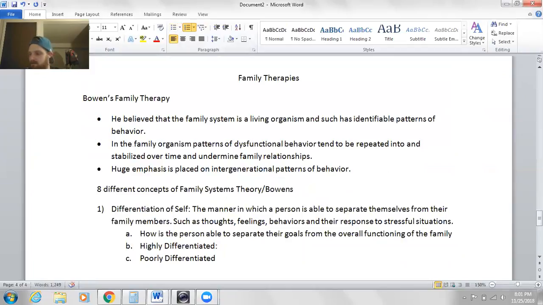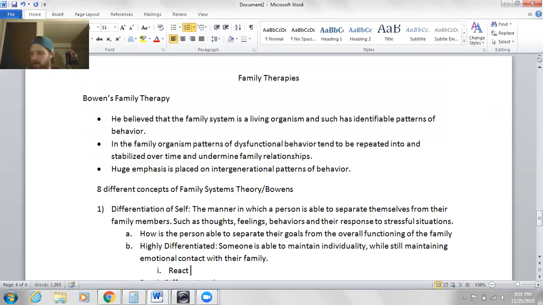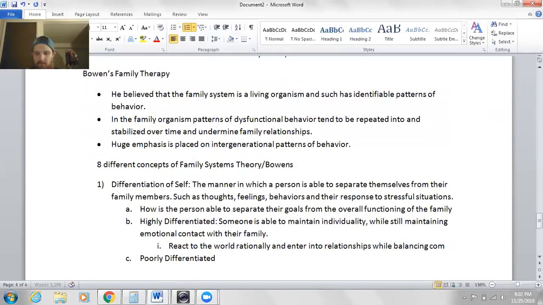With highly differentiated, this is where someone is able to maintain individuality while still maintaining emotional contact with their family, i.e., react to the world rationally and enter into relationships while balancing competing needs for both belonging and being an individual.